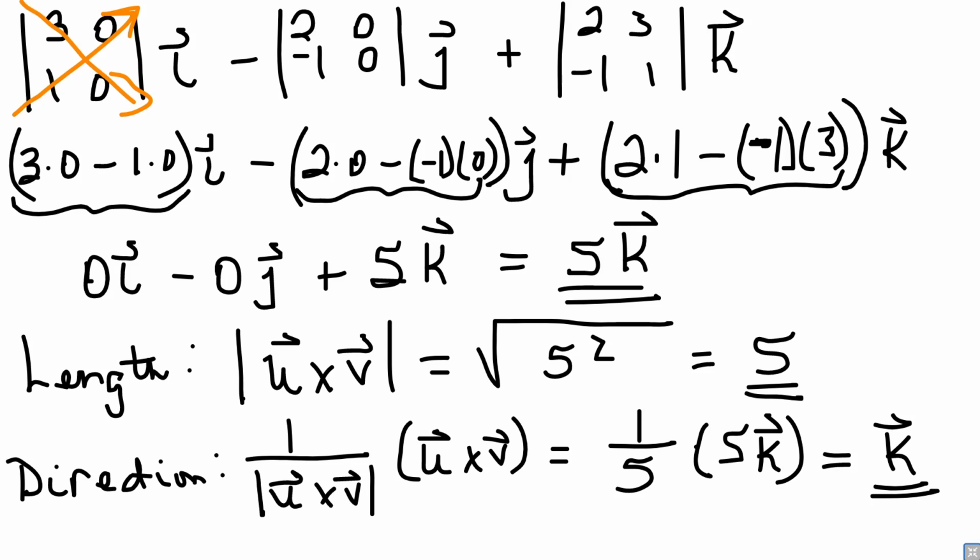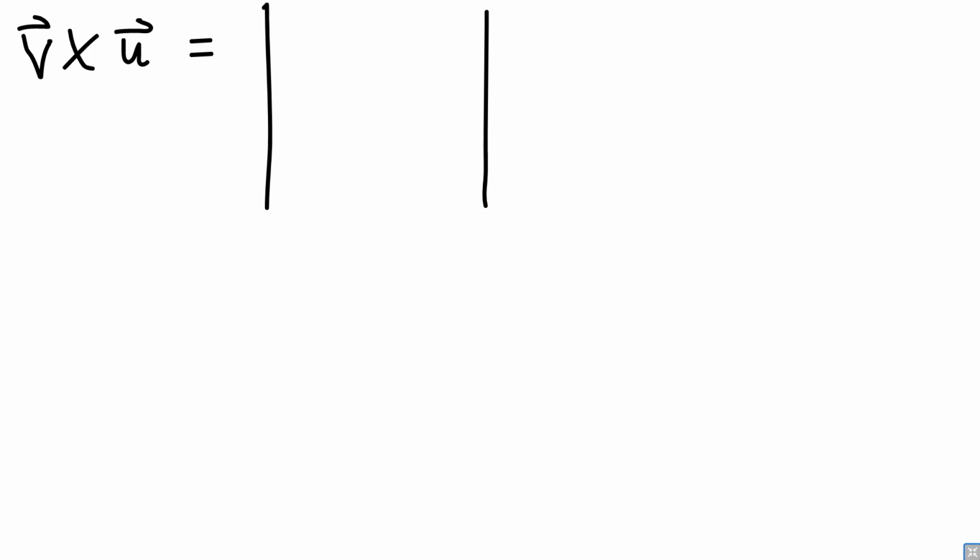Okay, so let's look at the other component of this. Right now, all we've done is u cross v. So now we're going to do v cross u. If we look at v cross u, again, it's going to create a determinant. Always keep in mind that the cross product is going to produce a new vector. Across the top, we're going to have I, j, k.